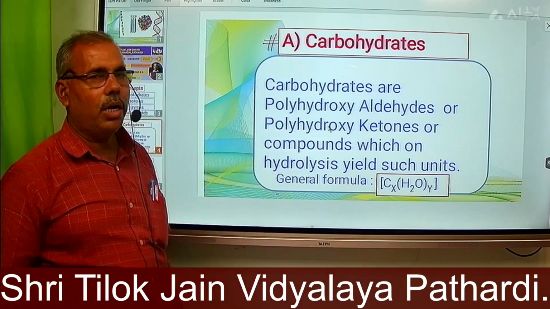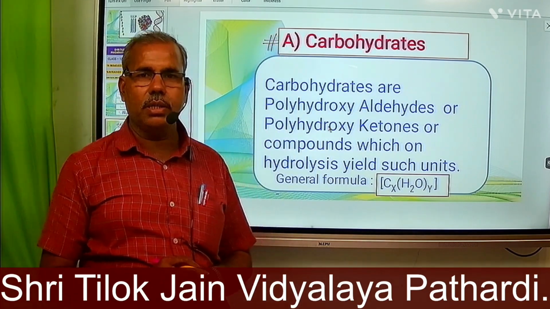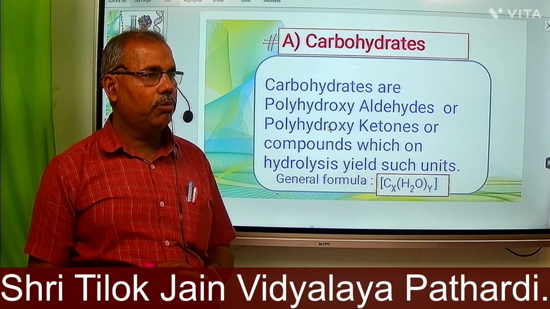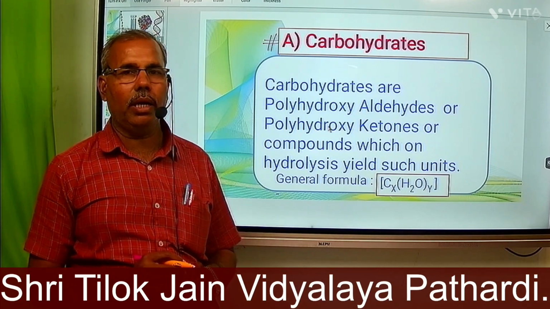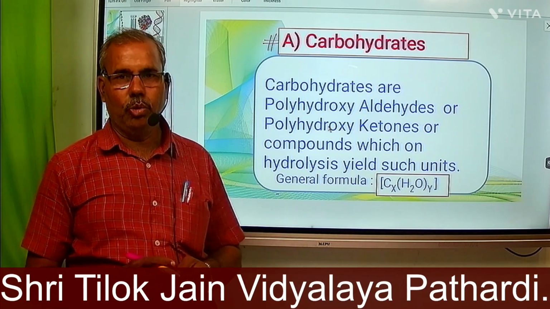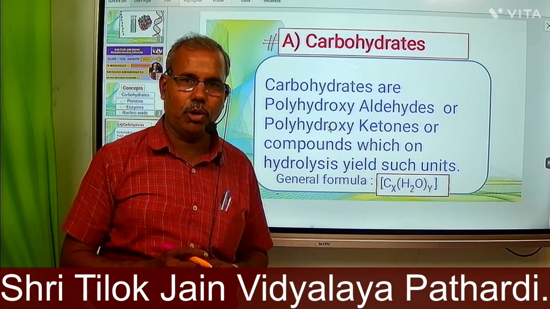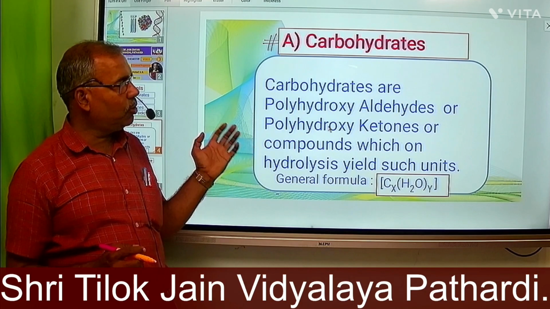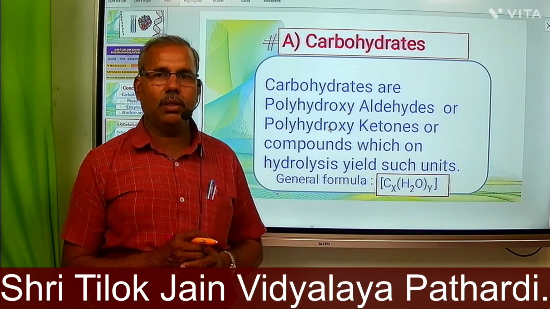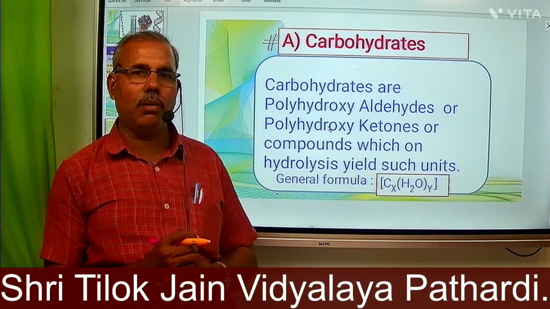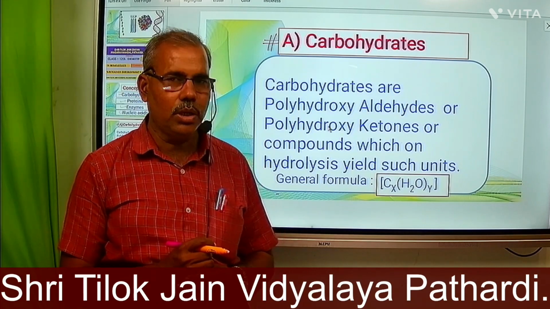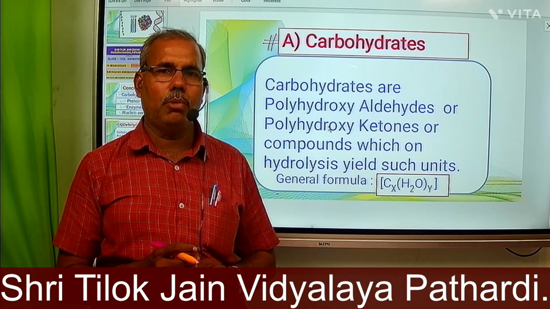The word carbohydrates indicates compounds composed of carbon and water molecules. Carbo for carbon, hydrate means water molecules. Initially it was believed that these compounds are composed of carbon and water from their molecular formulae.